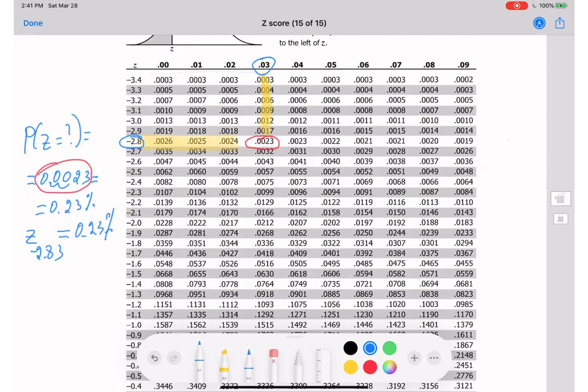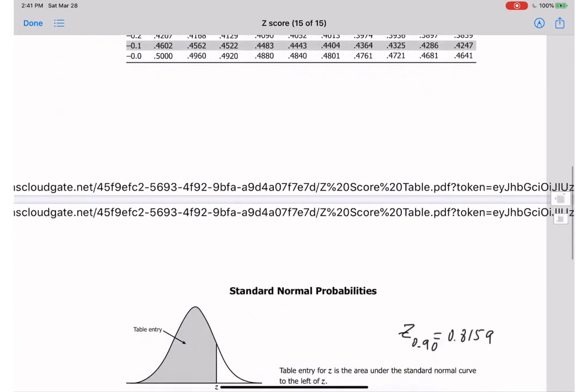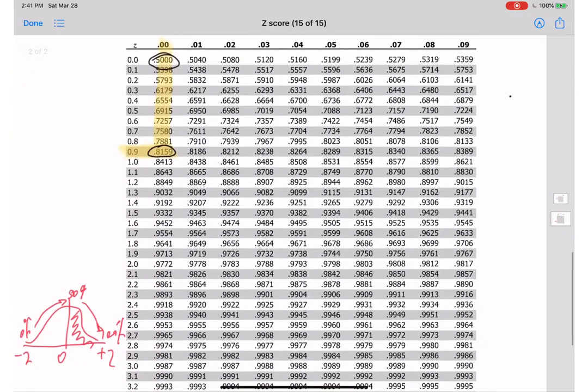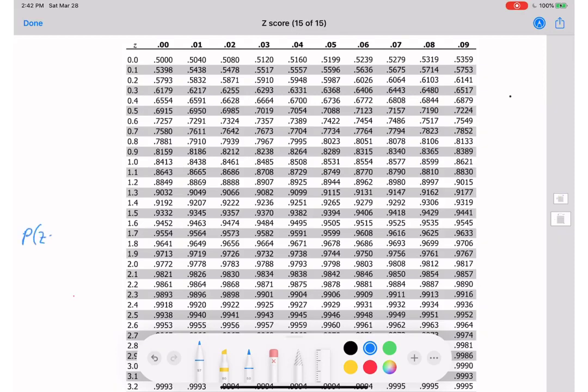Another one, let's see. Let's say we want to take the probability of z-score equal question mark is equal, for example, 98.42%.